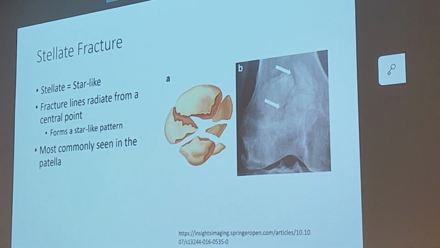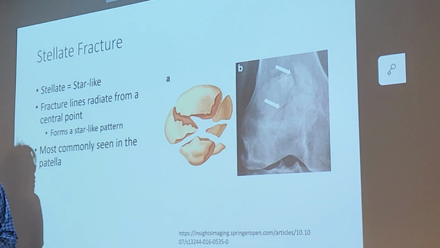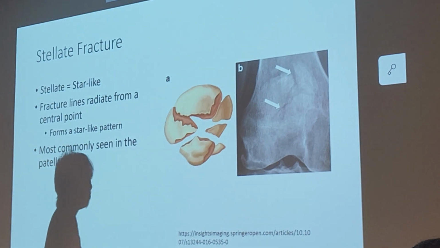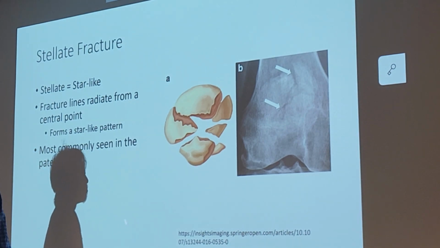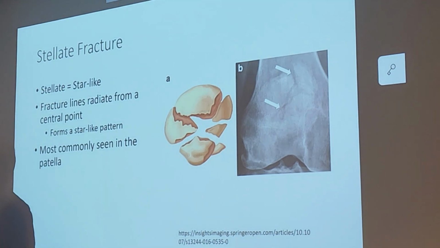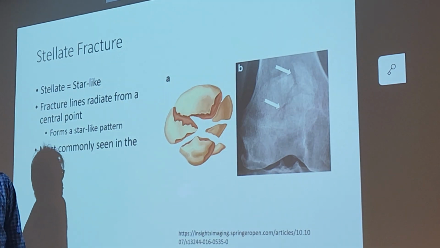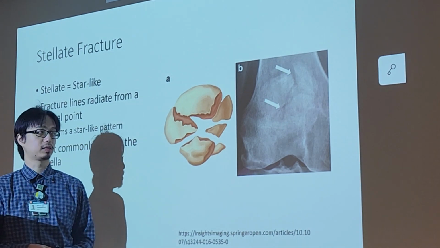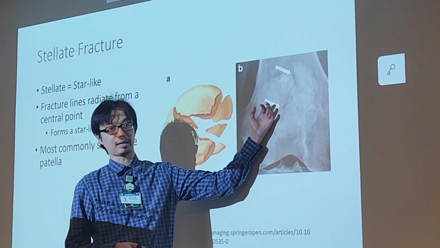But yes, this is a stellate fracture. Basically the patella shatters, and you can see it shatter into these peaks, this star-like web of lines. Can someone have a stellate fracture and then have an avulsion fracture on top of that, where it gets pulled away? No, because a stellate fracture is caused by impact.